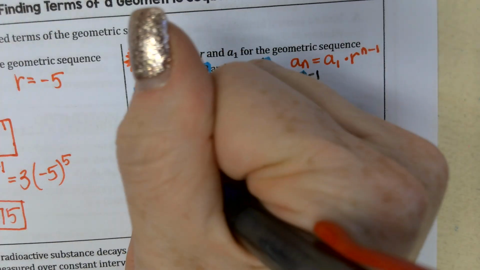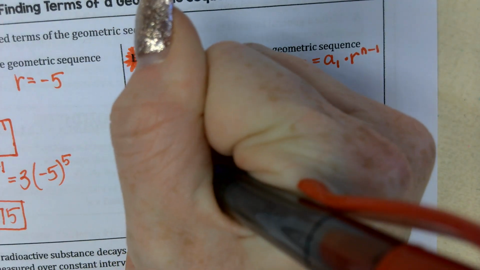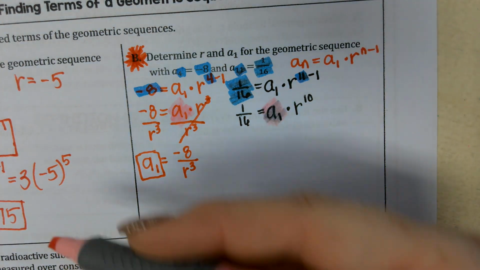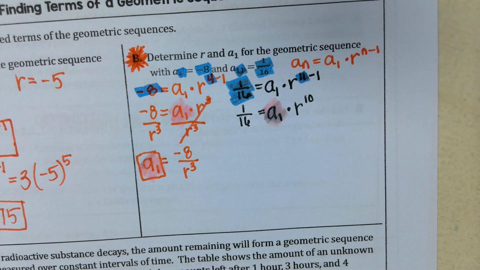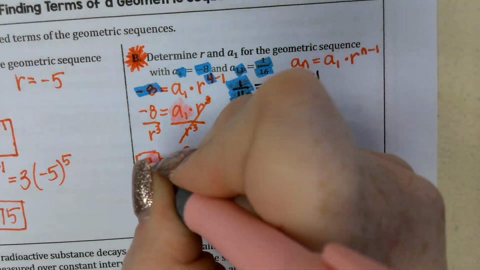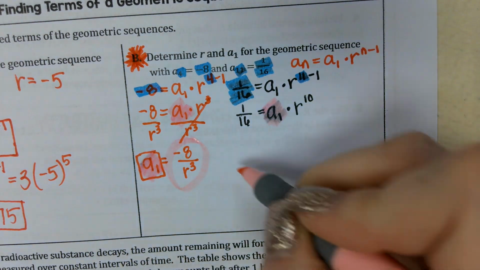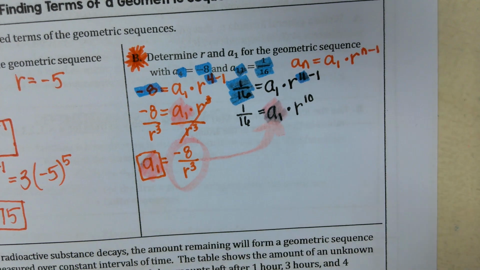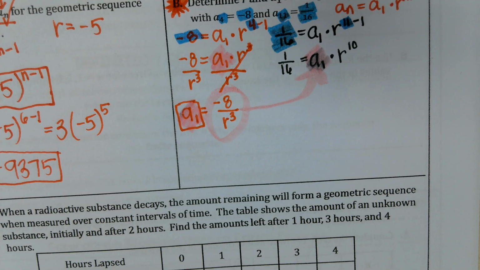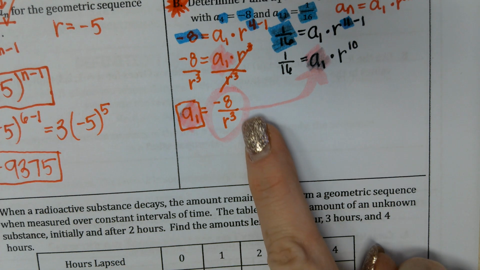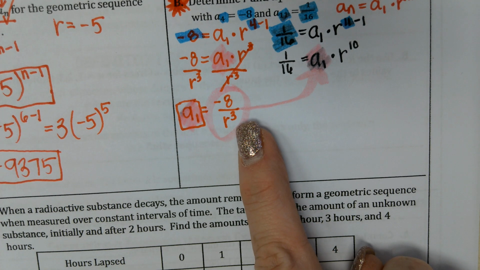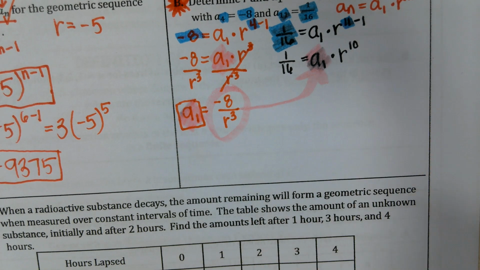Now, because this is now equal to A1, I am going to go substitute this expression in to this function. Okay, all I'm doing is I'm going to take this negative 8 over R cubed, and I'm going to substitute it in for A1.